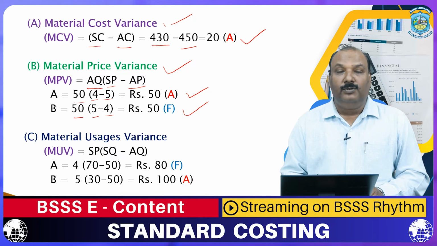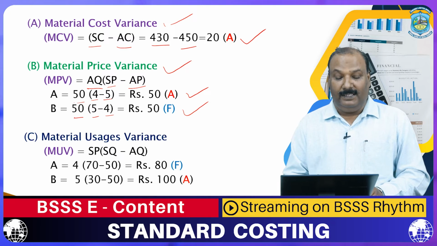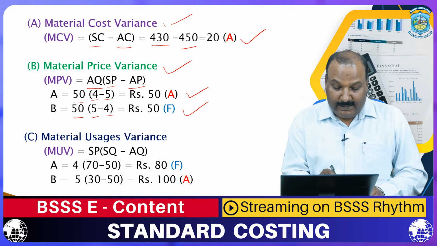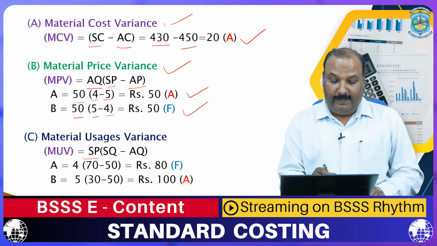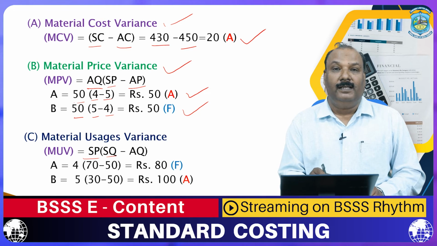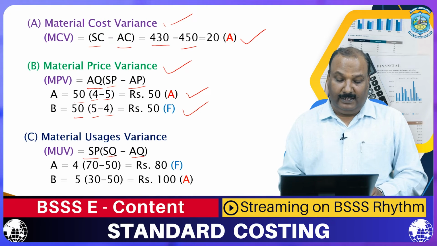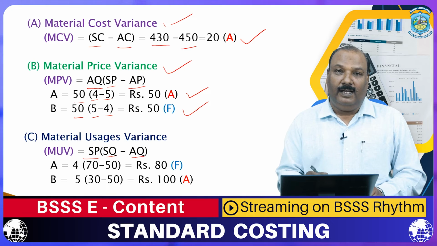The material usage variance. The formula for material usage variance is standard price multiplied by the difference between standard quantity minus actual quantity. Now we will put the values in this formula.